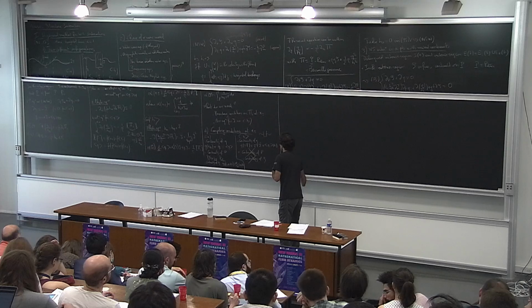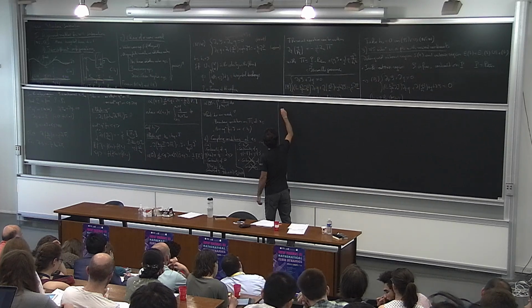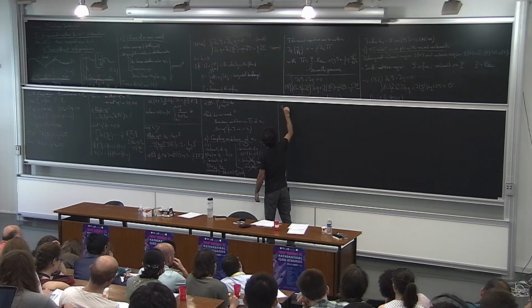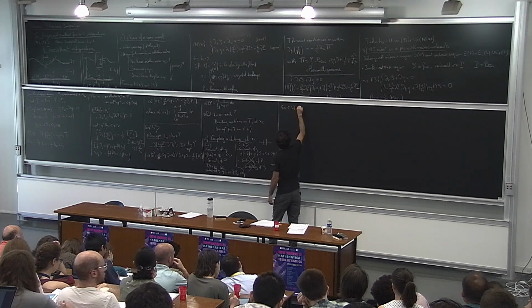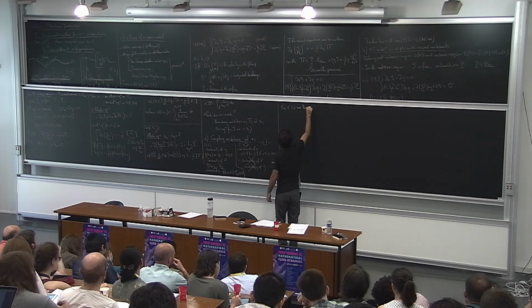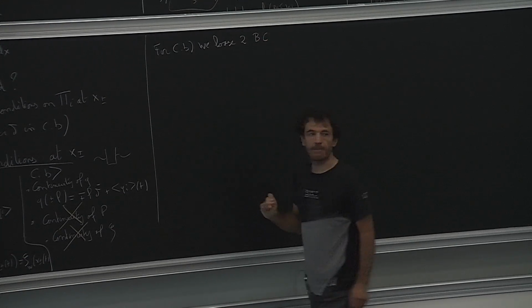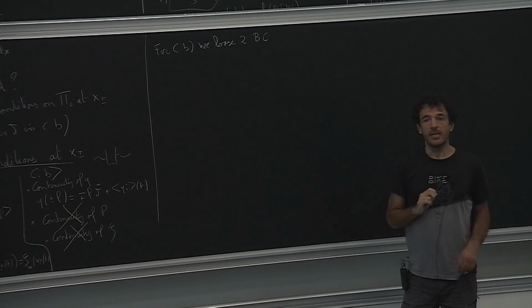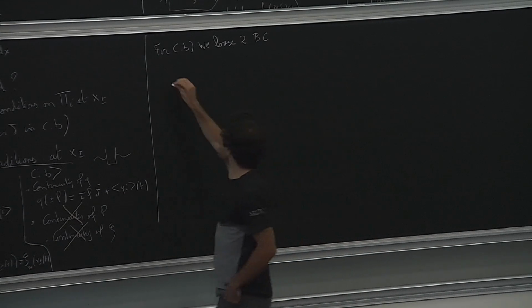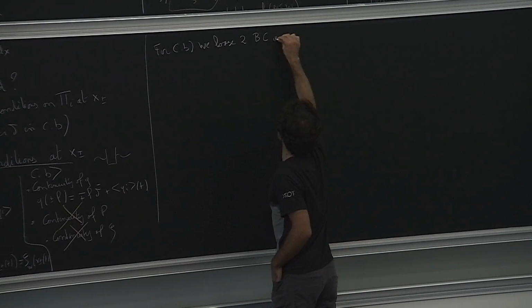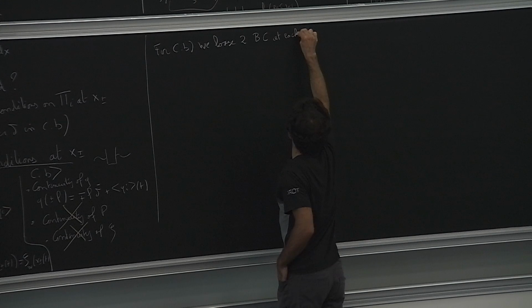So for configuration B, the second configuration, we lose two boundary conditions. On the other hand, at each contact point.